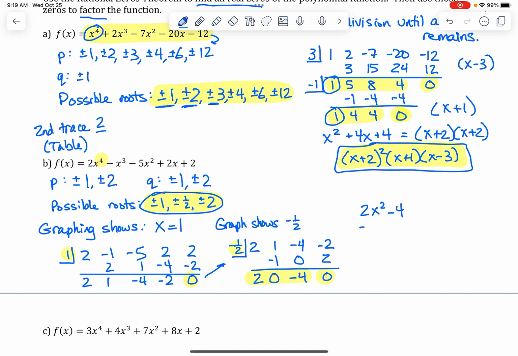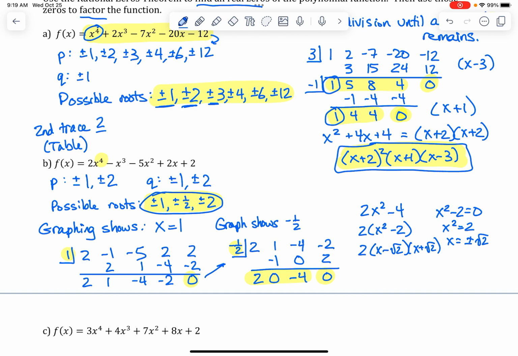Well, factor out a 2, we have x squared minus 2. Now, you can't really factor that nicely, but we know that if you take x squared minus 2 and solve it, x squared equals 2, x equals plus or minus root 2. And those are your factors. x minus root 2, x plus root 2. Okay?